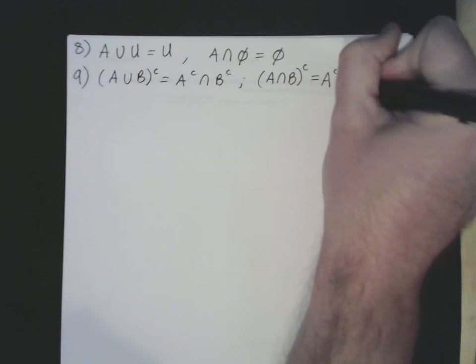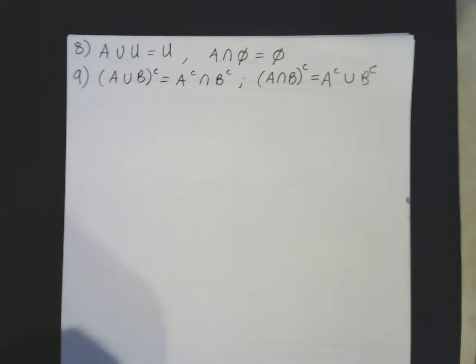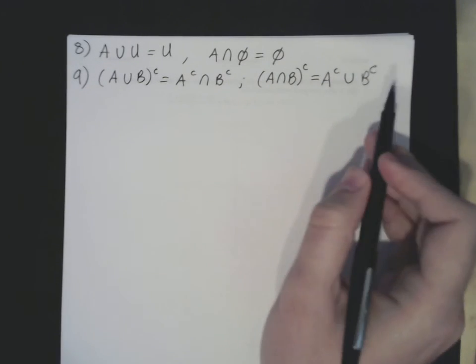Everything not in A, or everything not in B. So the complement of A intersect B is A complement union B complement.